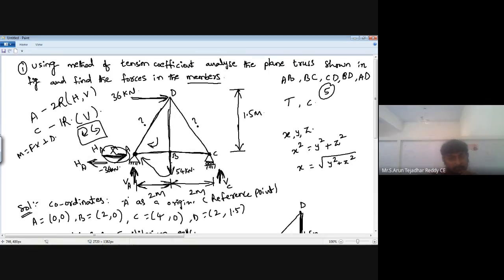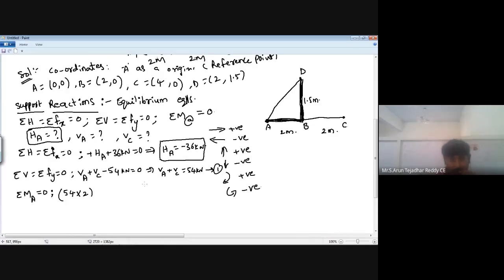Next, one more force is there, that is VC. Our reference point is A, that is moment about A. How is it moving? In this direction, it means anti-clockwise direction, with perpendicular distance from C to A, that is 2 meter plus 2 meter, totally 4 meter. This is anti-clockwise, so take negative: minus VC into 4 meter.